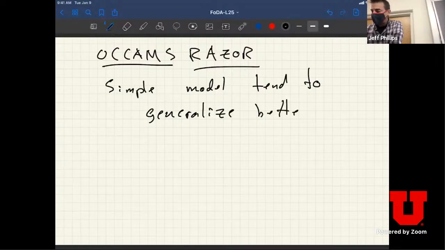All right, so we don't want just any function, we want a function which is simpler. This flies a little bit in the face of models like deep learning and decision trees, which are very complicated models that tend to generalize better than simple models.